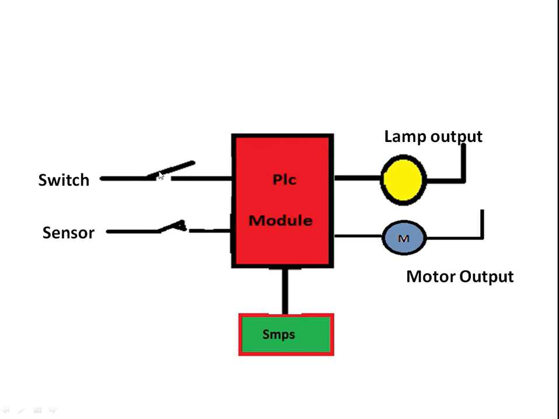Okay, so this is what happens in your home. If you want to turn on the switch, you go to the board and you turn on the switch. Before that it is in off condition, meaning it is in NO condition, and your lamp or fan is in off condition only. But when you apply the force to turn on the switch, that switch becomes NC and your lamp is getting on. Here we are taking a PLC. Why?